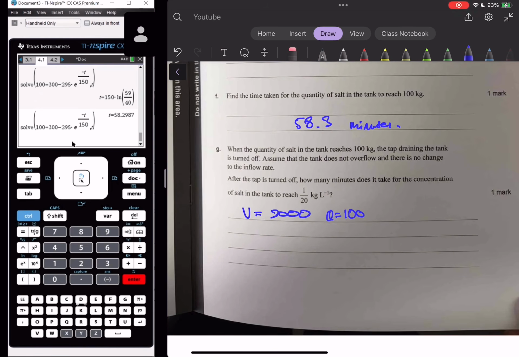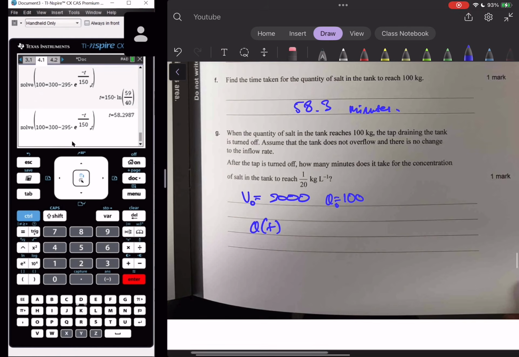So the concentration is going to be Q of t. So really these are the initial volumes and the salts now. So Q of t, sorry, my bad. Let's say the concentration with respect to t is just going to be Q of t over V of t. Q of t in this case, because the outflow turns off, is just going to be 100 initially, plus however much we're adding on each minute.